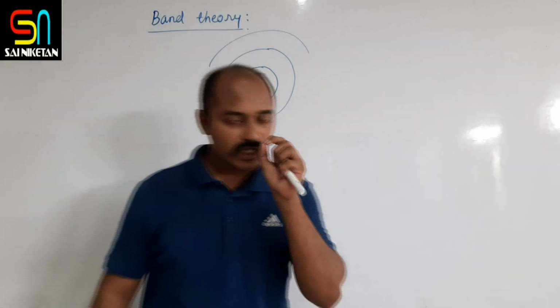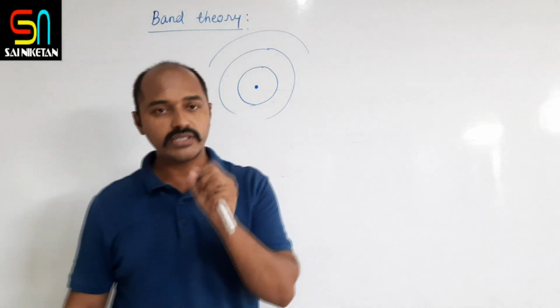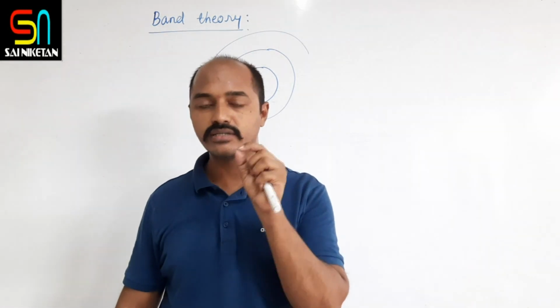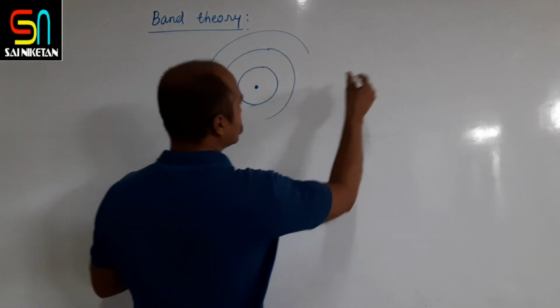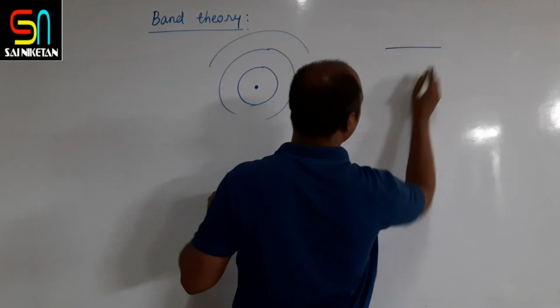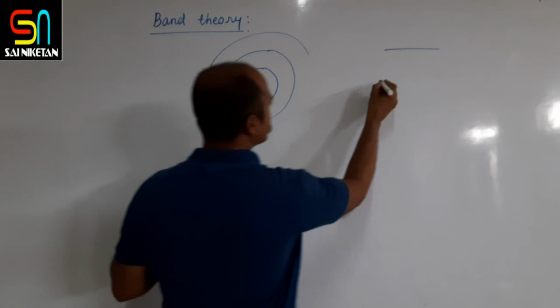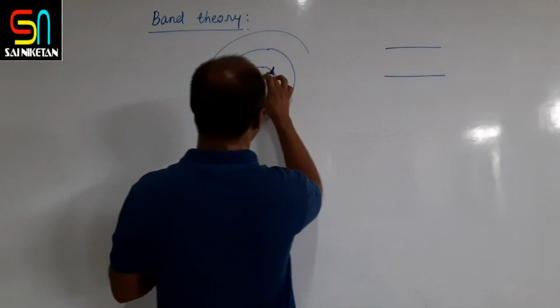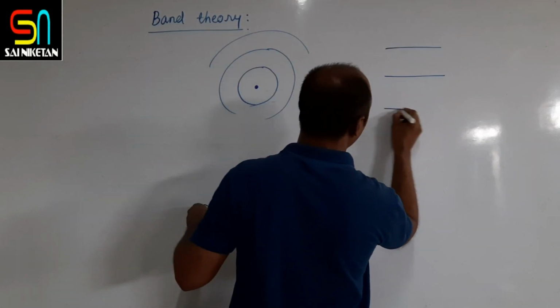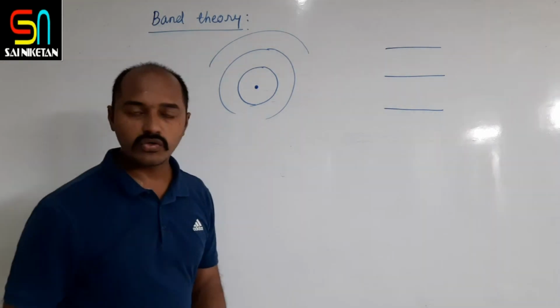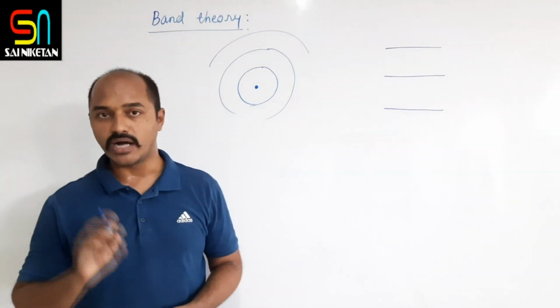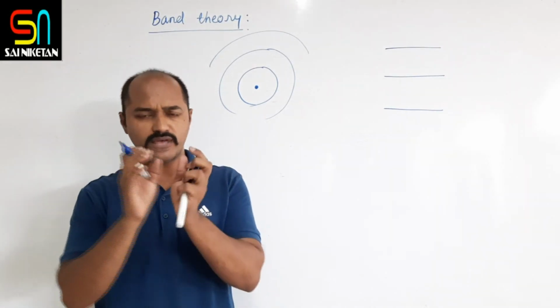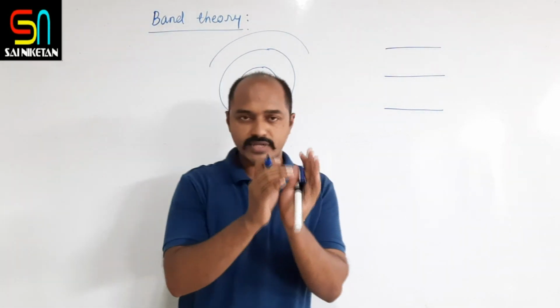If we take an isolated atom and consider the electrons, this electron has the maximum energy level, this electron has a bit lower energy level, and this electron has a bit lower energy level.